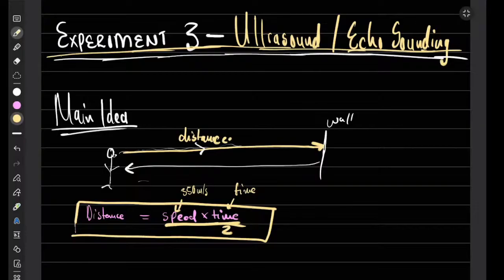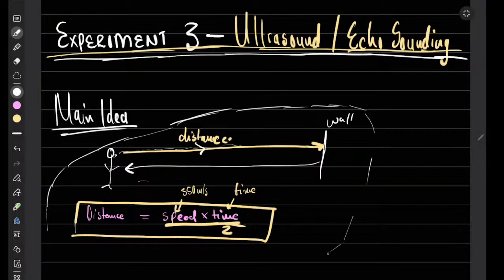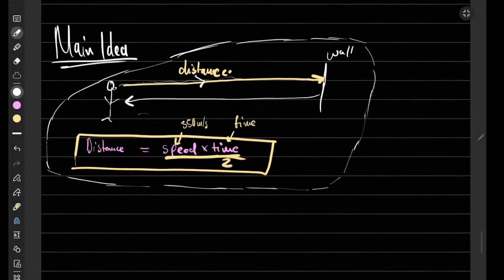Have you heard me? So we are going to be using this idea, but we are going to be looking for the depth, because we are going to produce a sound. It will go to the bottom, hit whatever is there at the bottom, and come back. So we're going to use this same thing to find how far something is, how deep something is.